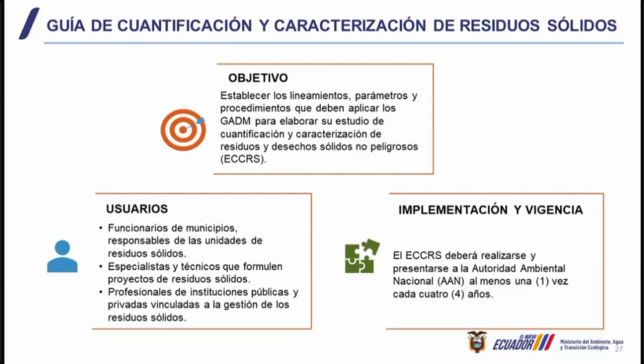Actualmente, lastimosamente, en el país todavía tenemos una deficiencia en la calidad de datos de entrada de cuantificación y caracterización de residuos sólidos. Con esta herramienta pretendemos mejorar esa calidad, estandarizando los procedimientos en territorio que realizan los municipios para generar información de las características y la cantidad de residuos sólidos.